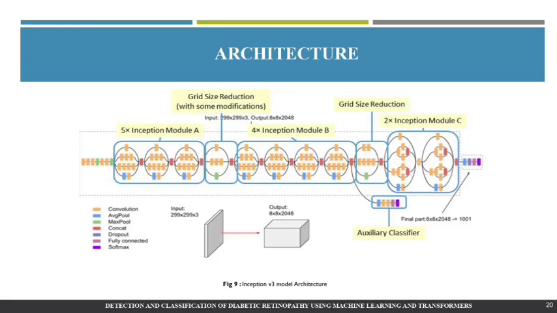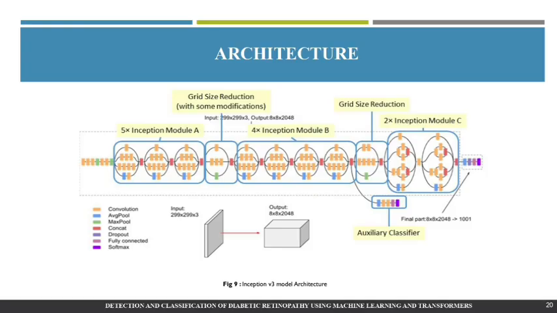Now coming to InceptionV3. This is the architecture of InceptionV3. InceptionV3 is a deep convolutional neural network that employs a series of inception modules, each containing parallel convolution layers with different filter sizes and pooling layers to capture diverse features at multiple scales.